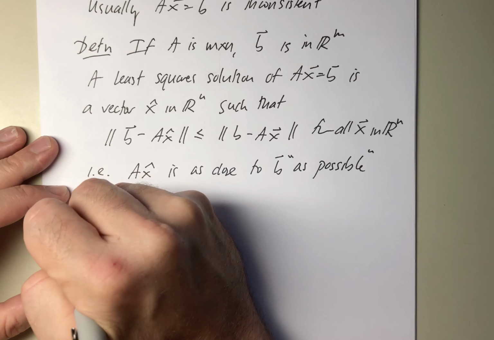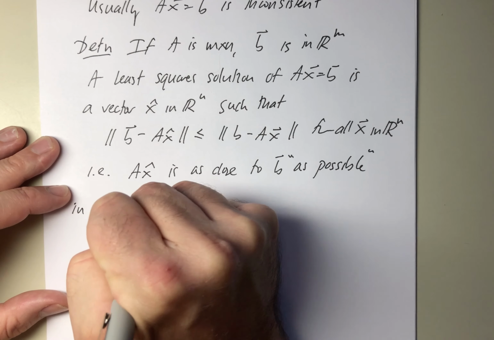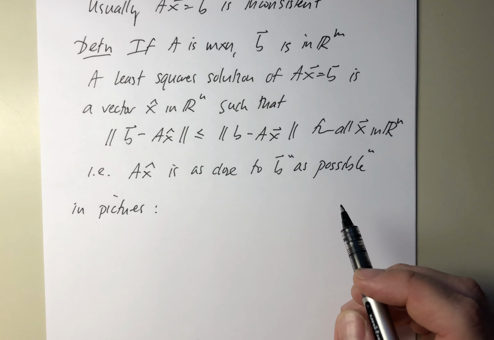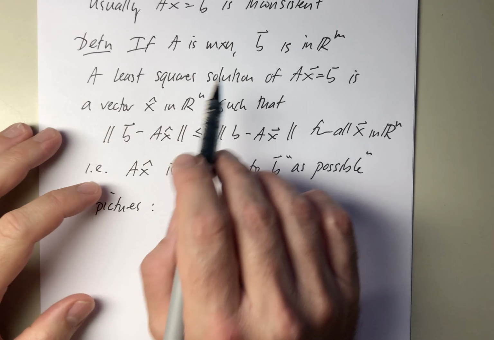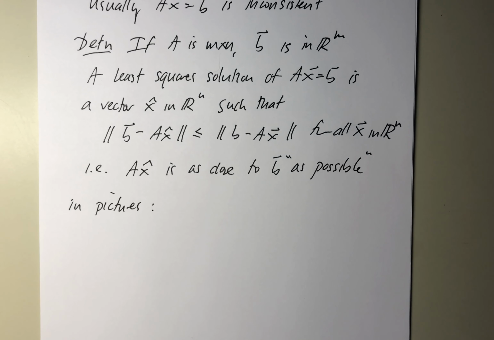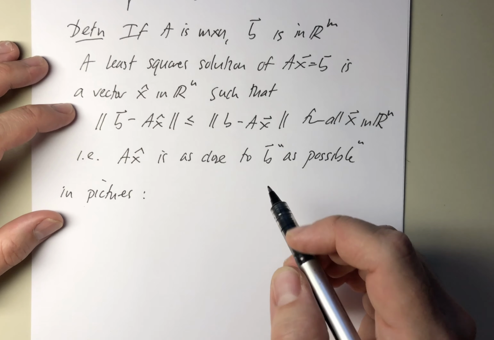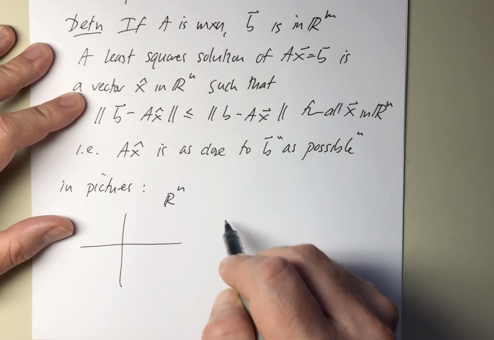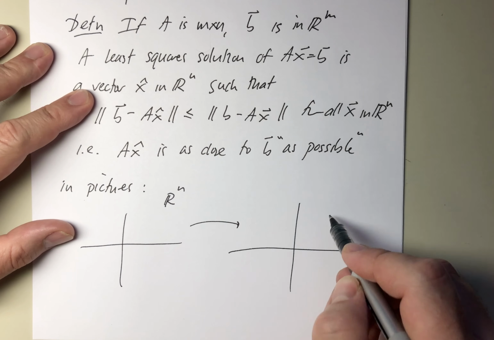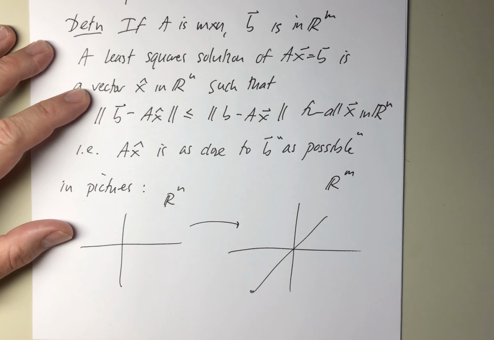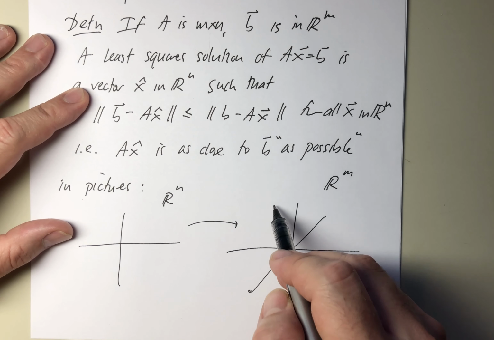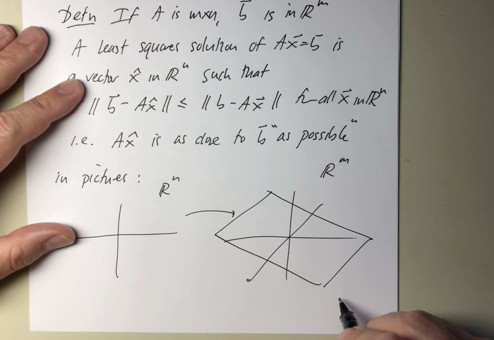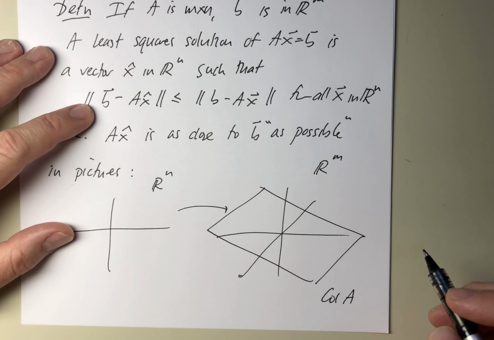And in pictures, remember how we think about Ax equals b geometrically: Ax equals b is consistent if and only if b is in the column space of A. So here's Rn, mapping over to, let's say, Rm. And remember, the column space of A is a subspace of Rm. I'll draw it as a plane in R3 here.